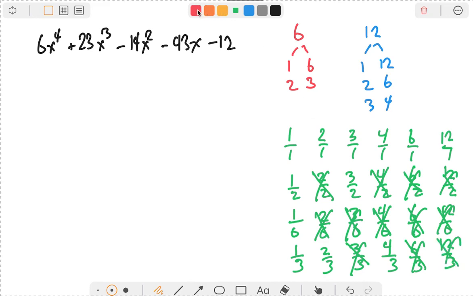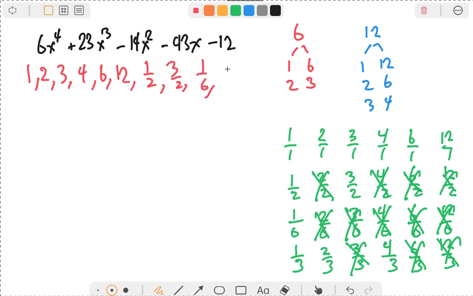So my possible real roots, I have 1, 2, 3, 4, 6, 12, 1/2, 3/2, 1/6, 1/3, 2/3, and 4/3.